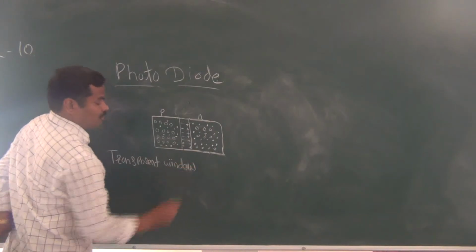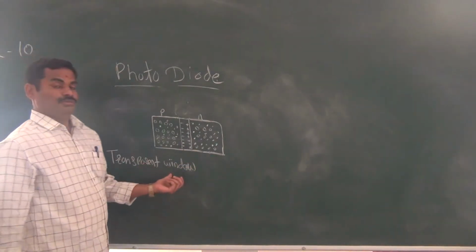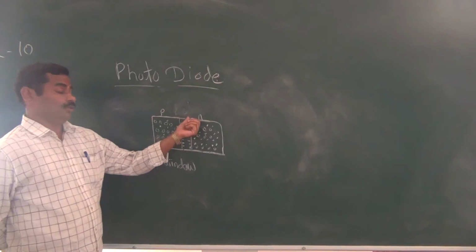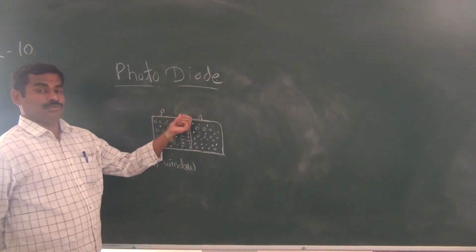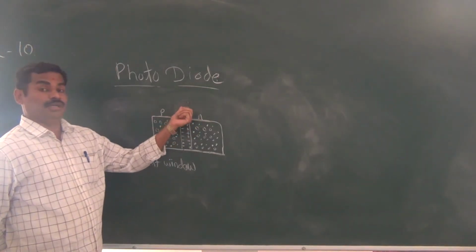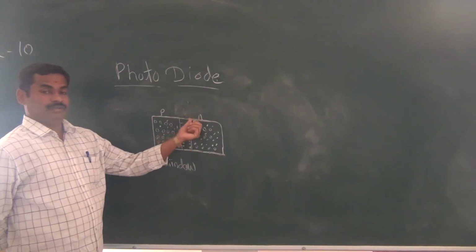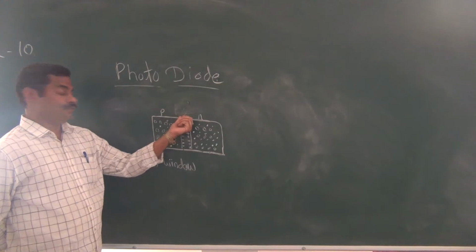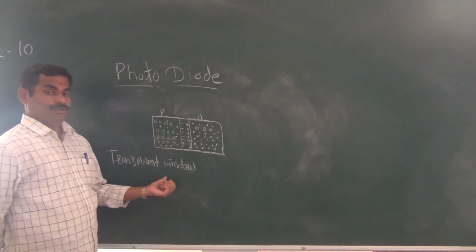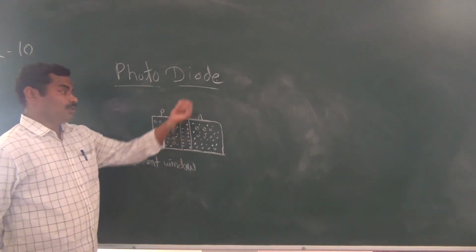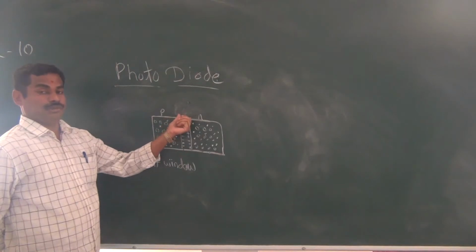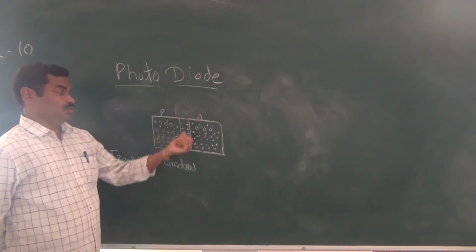Because light falls on that transparent window, and the light will enter into the junction, in between the P and N. Because light falls on your transparent window, and that light will move towards the junction.